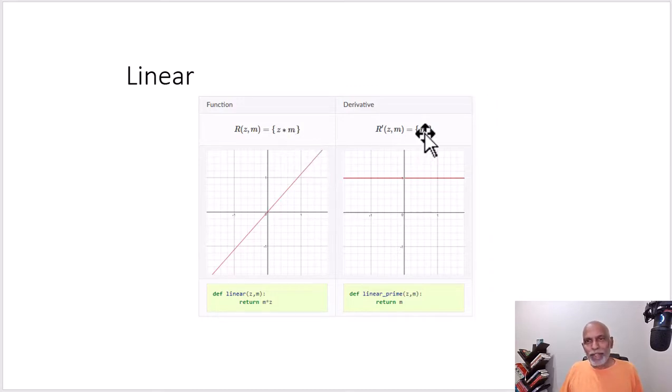So if there are m parameters the derivative is a vector of slopes, and if there is only one parameter, then it is the slope value. So that's a linear function.